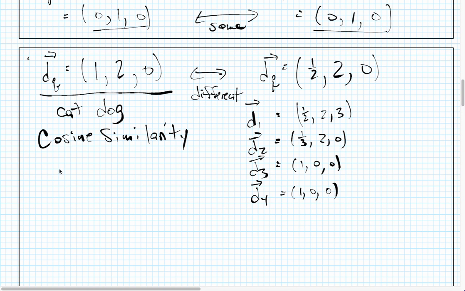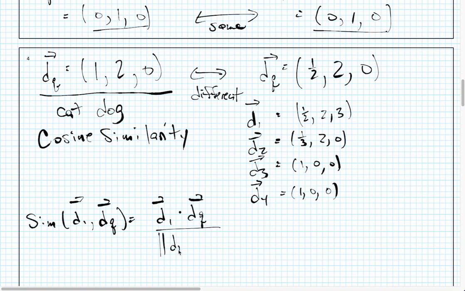So now we have to speak about the similarity between D1 and DQ. Remember, that is equal to D1 dot DQ over the magnitude of D1 times the magnitude of DQ.